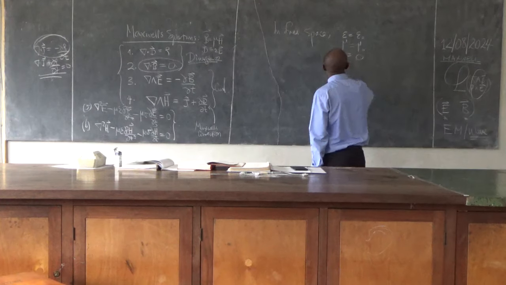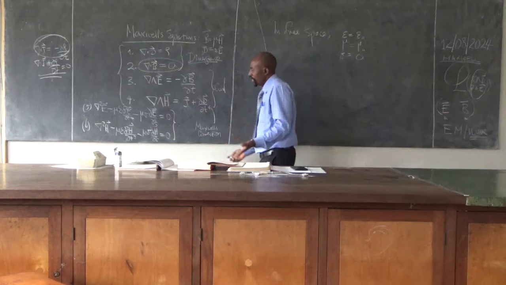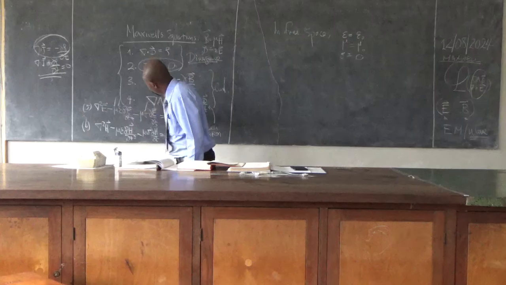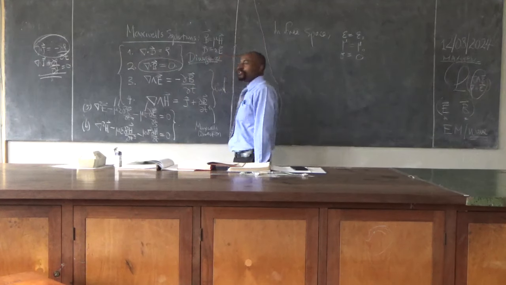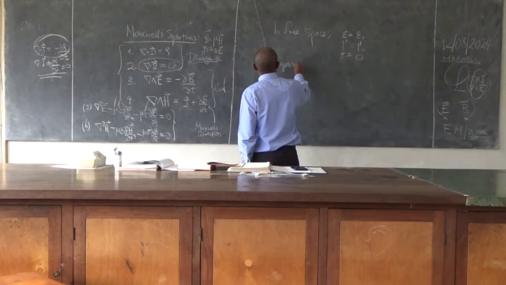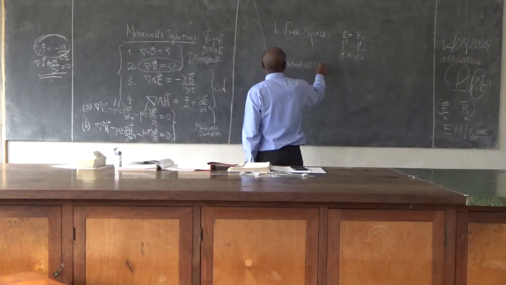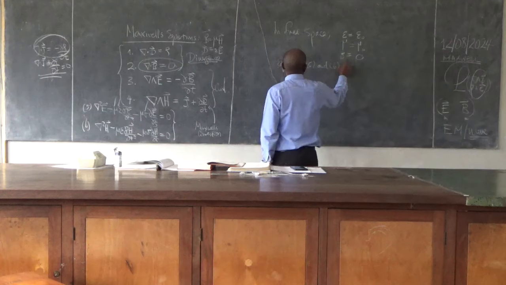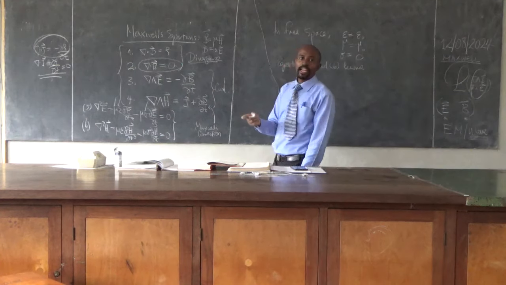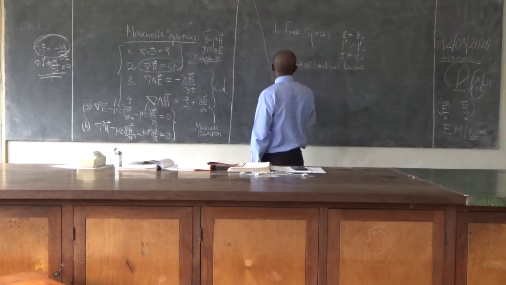Good. We are done. Mu naught, epsilon naught, 0. So equations 5 and 6 become equations 7 and 8.